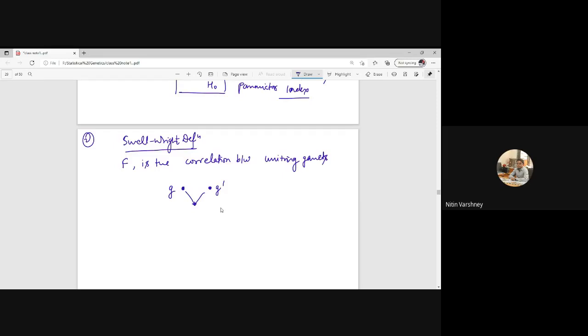The correlation coefficient between this Z and Z prime is nothing but our inbreeding coefficient. So what is the formula? That is covariance of Z and Z prime upon sigma Z sigma Z prime. Okay, so this is the Sewall Wright definition of coefficient of inbreeding, that is nothing but correlation between uniting gametes.